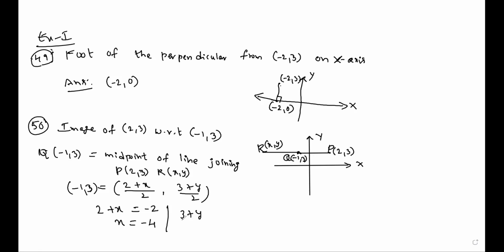Similarly, 3 plus y by 2 equals 3, and 2 threes are 6, so y is 3. Finally in this method also we got R as minus 4 comma 3. Otherwise, as discussed before, we can also identify it directly from the graph.